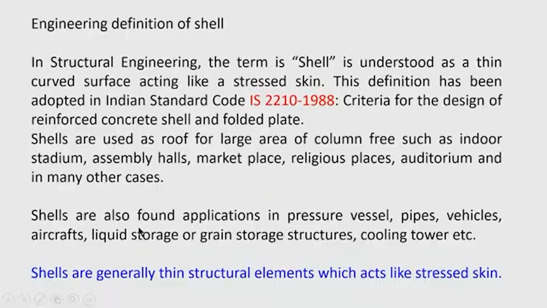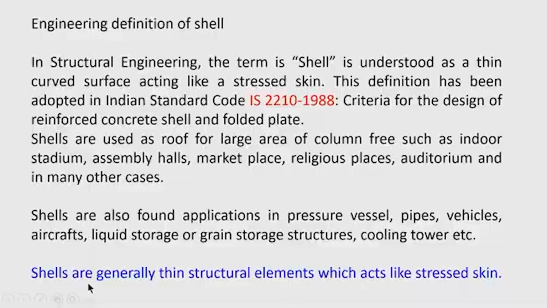Shells also find applications in pressure vessels, pipes, vehicles, aircraft, liquid storage or grain storage structures, cooling towers, etc. So, there are various applications, and people have seen that shell is very efficient in resisting the load, especially the self weight and other live load, and therefore it is used for construction of various important structures.